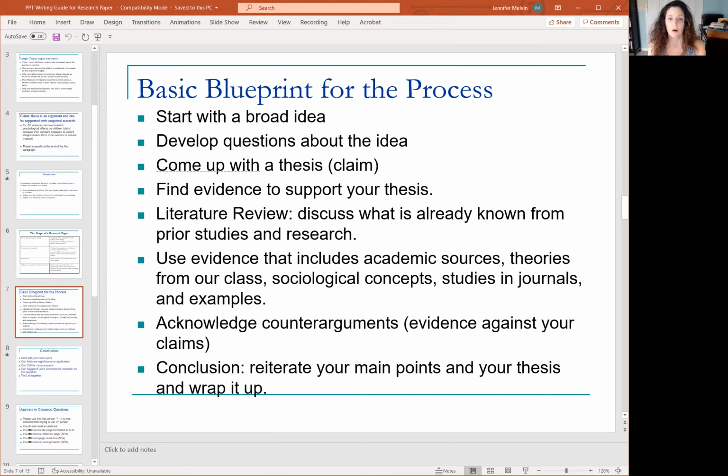And then one thing that's really important, down here at the bottom, is you need to put in your paper, when I say acknowledge, I mean put it in your paper, counter arguments. Every argument has an argument on the other side, right? So if you're arguing for something, there's always an argument against it. The topic you do needs to be able to be argued from two different sides.